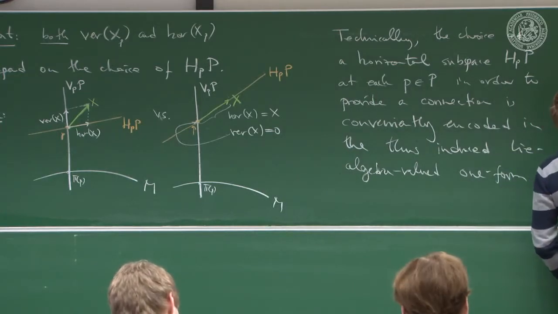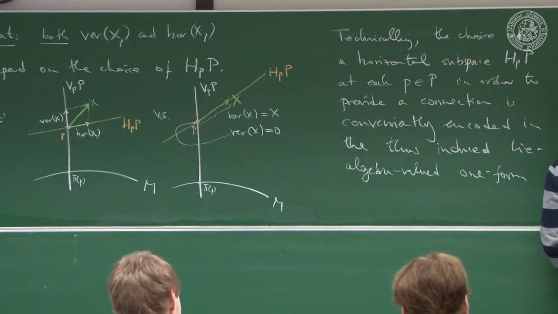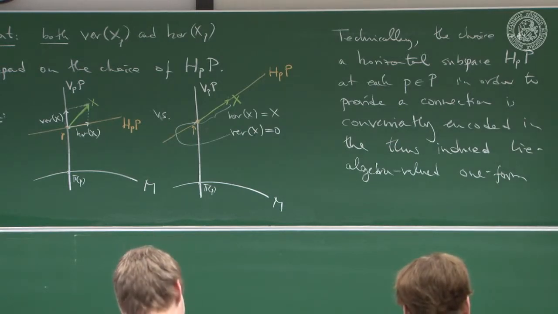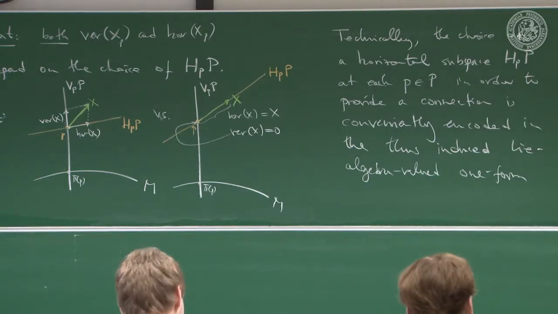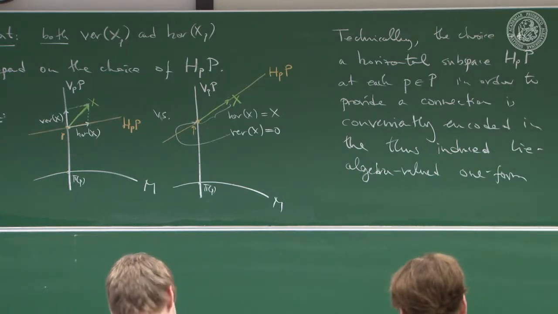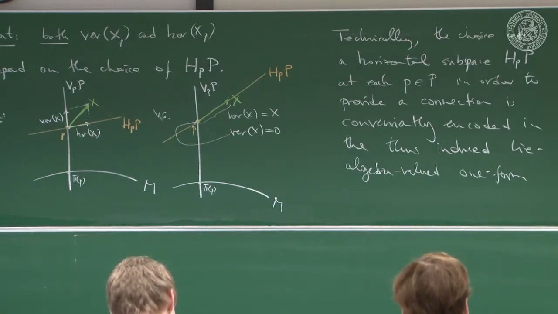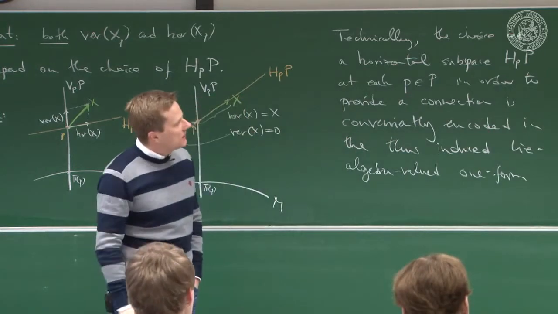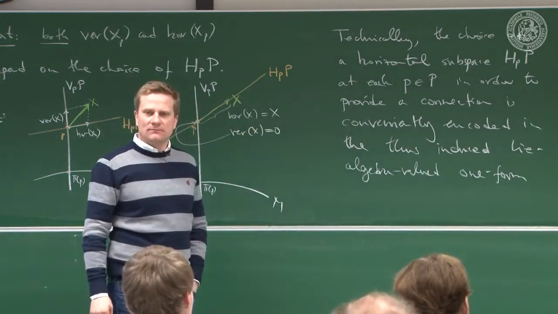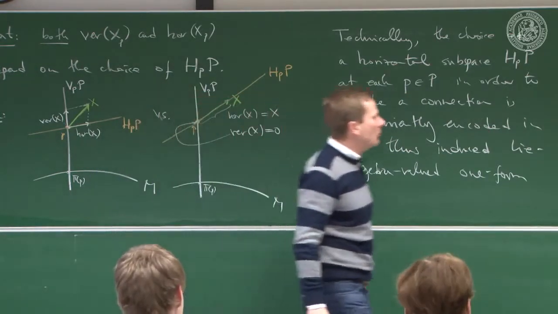We define it at every point P of P, and there it takes you linearly from the tangent space of P, which makes it a one form, to not the real numbers, but to an element in the Lie algebra of the group. That's the idea of the Lie algebra valued one form. How?